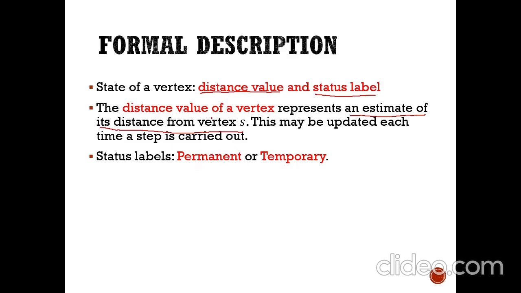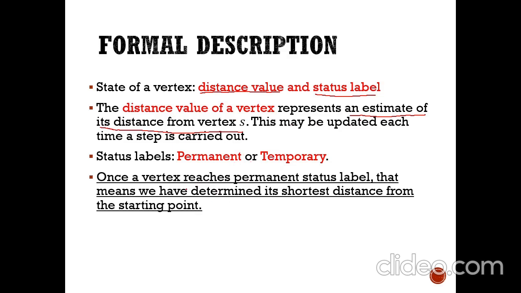So we mentioned that the distance value of the vertex is updated each time a step is carried out, and we stop whenever a vertex has reached permanent status label. So when a vertex reaches permanent status label, this means that we have found the shortest distance of that vertex from the starting point.